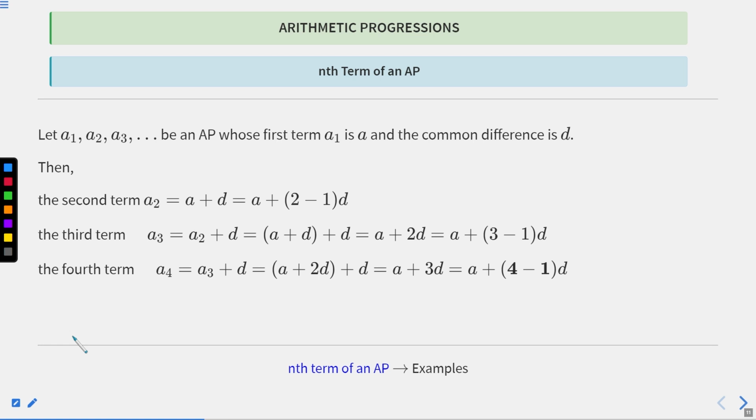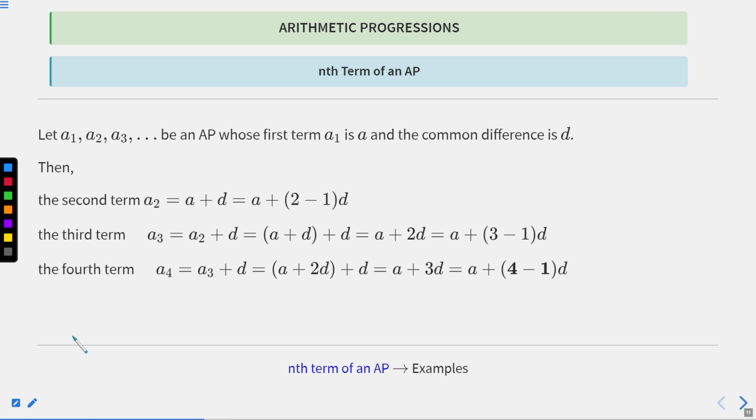The fourth term a4 is equal to a3 plus d. So a4 we obtain by adding d to the third term.